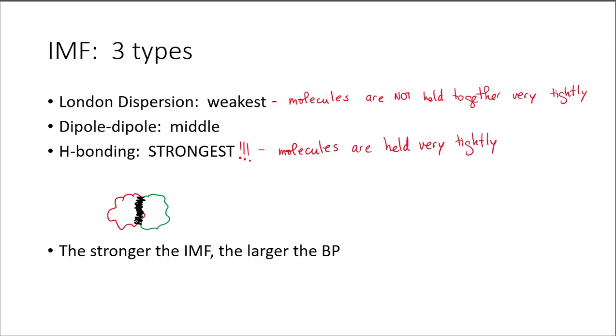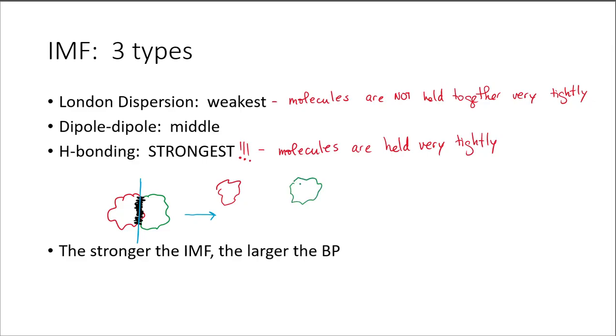In order to get a substance to boil, to evaporate, to go into the gas phase, to undergo the phase change from a liquid to the gas, you've got to separate them. You've got to come in and break the two molecules apart, because after you break them apart, then they can go and celebrate being in the gas phase.